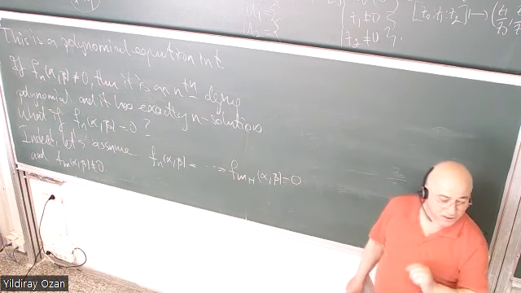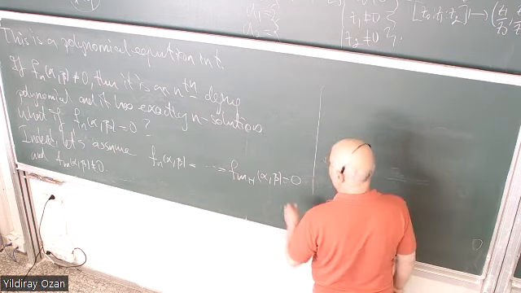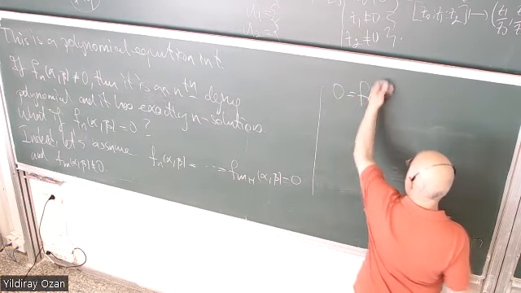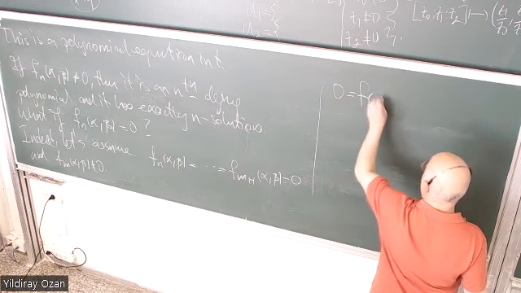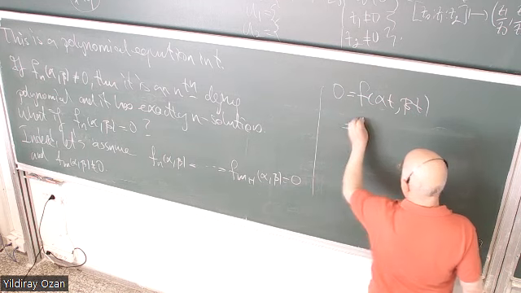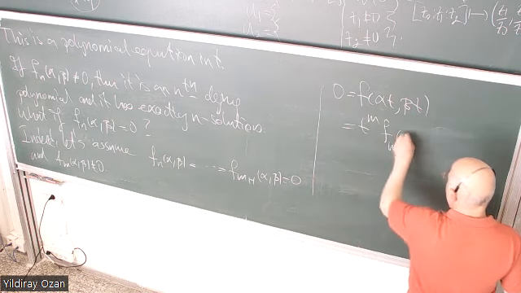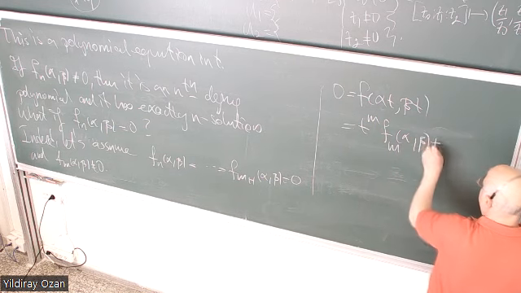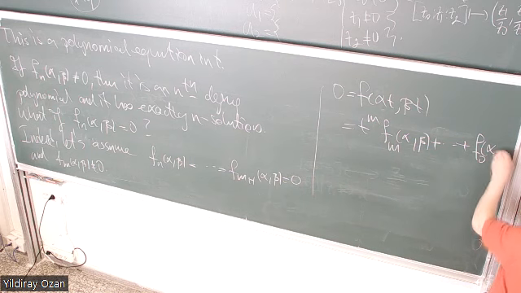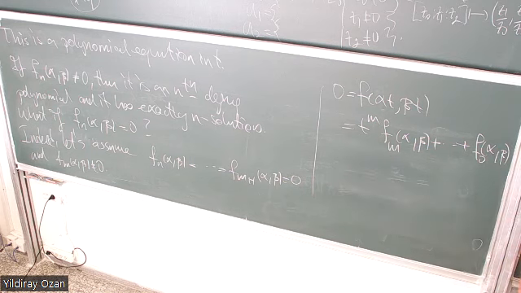So the earlier ones are 0. Then of course this equation, f of alpha t, beta t, is actually t to the power m times fm of alpha beta, and goes like this, down to f0 of alpha beta. So it's a degree m polynomial this time.